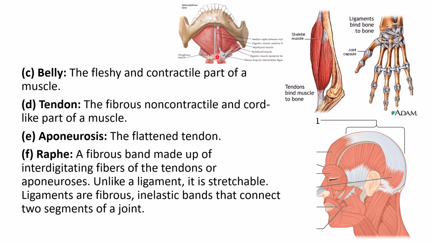The ligaments are fibrous, inelastic bands which are not stretchable, and they connect the two segments of a joint. But the raphe is in between the bellies, or between the interdigitating fibers of the muscle. This one is elastic. The ligament is a fibrous, inelastic band between the two segments of a joint, not between the muscles.